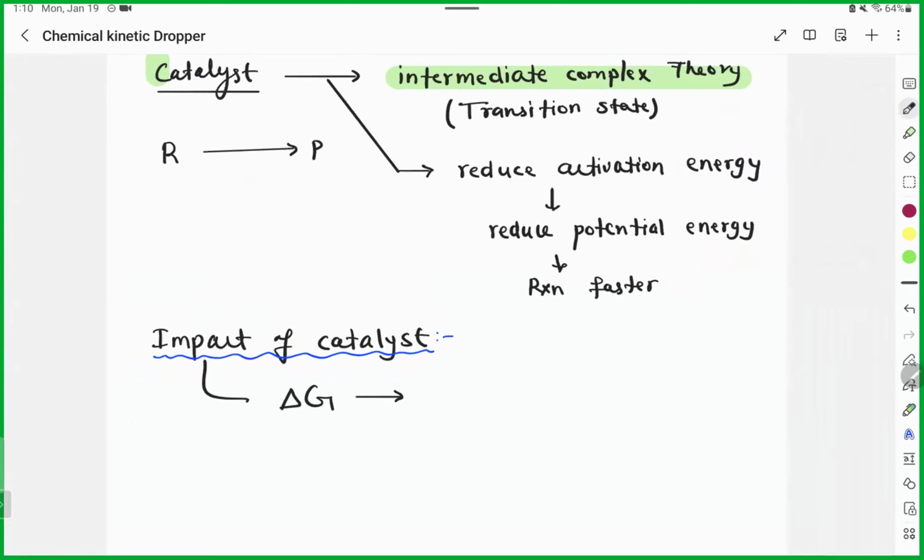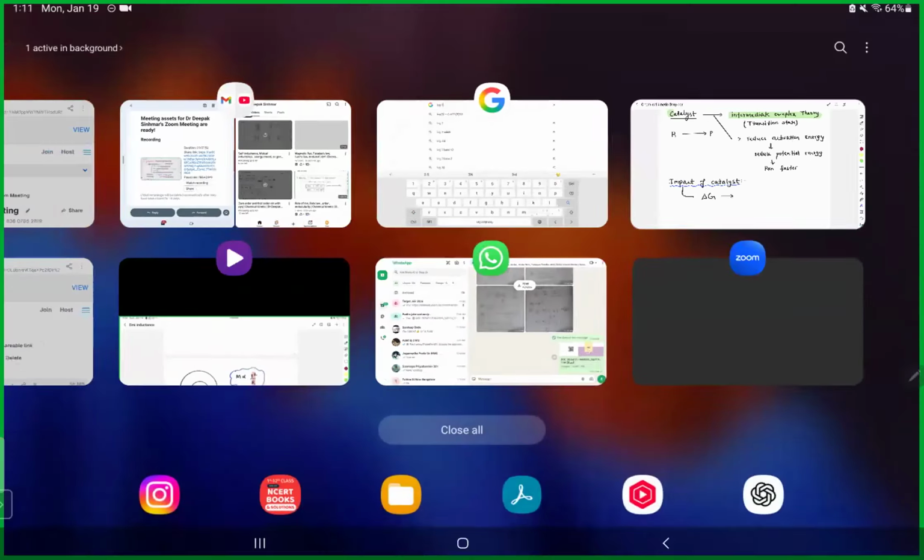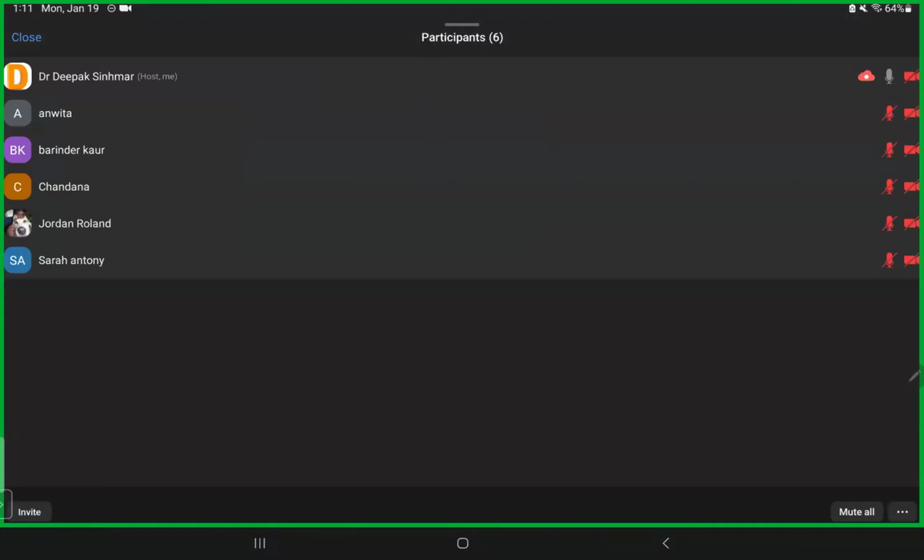Tuhina, impact of catalyst on Gibbs free energy. Tuhina, are you there? Oh, she's not there.